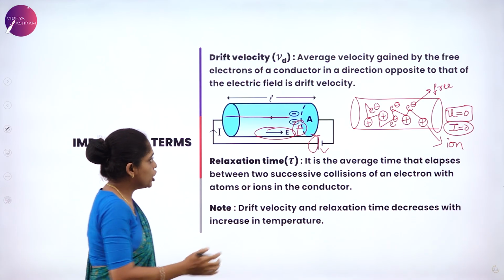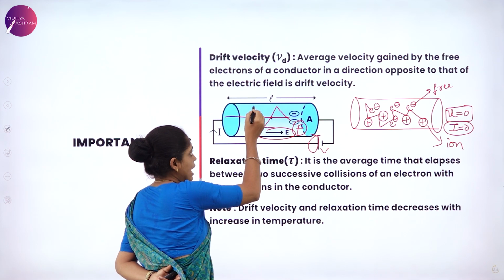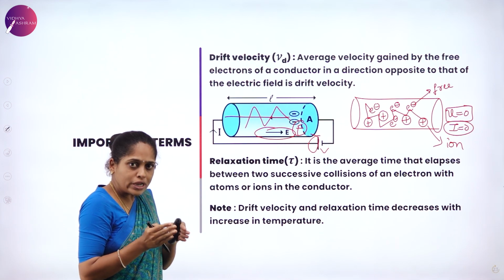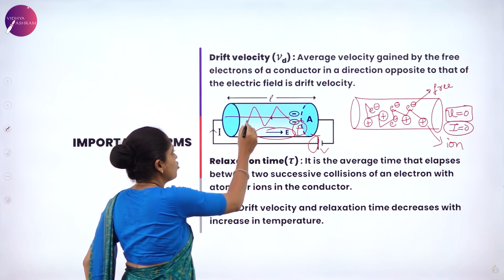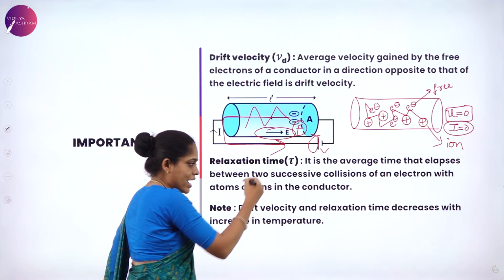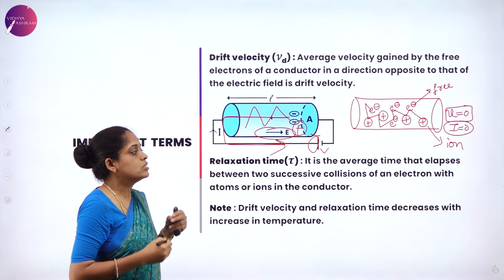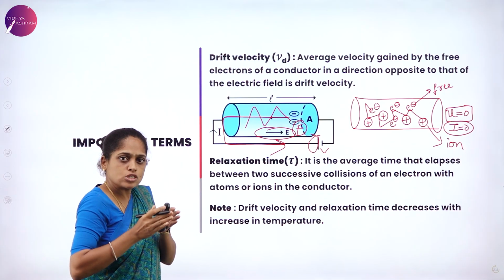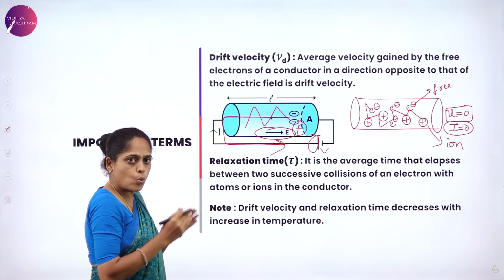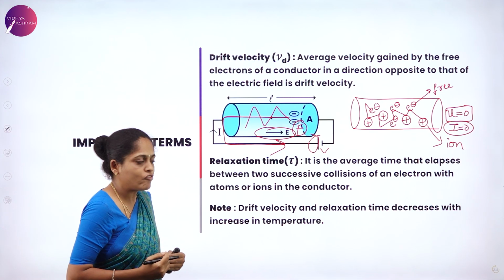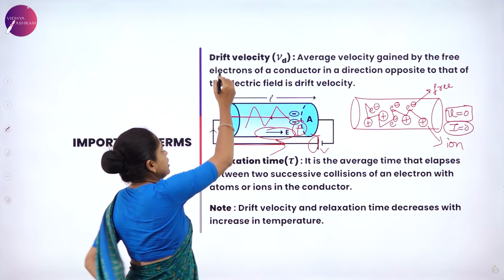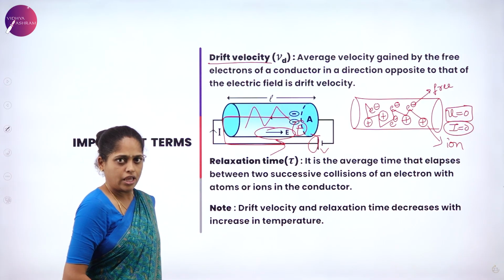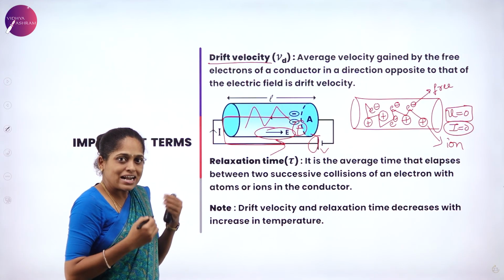Instead, they continue to move in a zigzag path and slowly drift towards the positive terminal of the battery. This velocity with which they slowly drift towards the positive terminal is nothing but drift velocity.